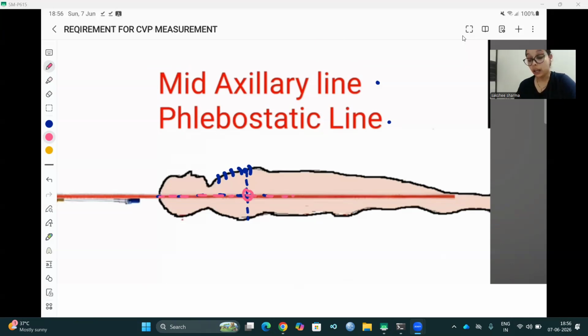Understood? Now, why are we so focused on this phlebostatic line or mid axillary line? Because when the patient is in this position, we assume that our heart is at this position.